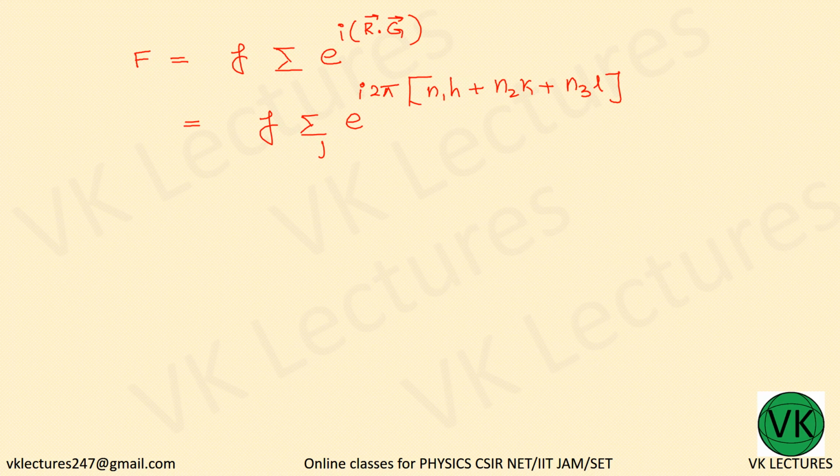So what does this geometrical structure factor tell you? Now this geometrical structure factor F is the sum over all atoms of the unit cell.